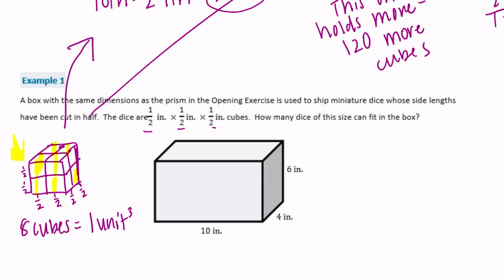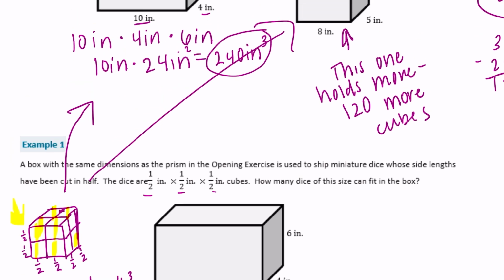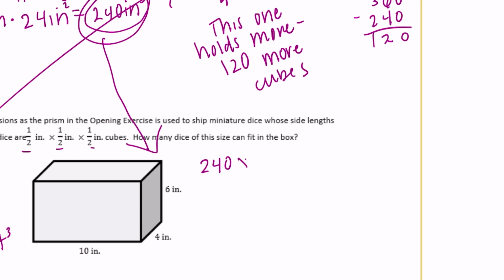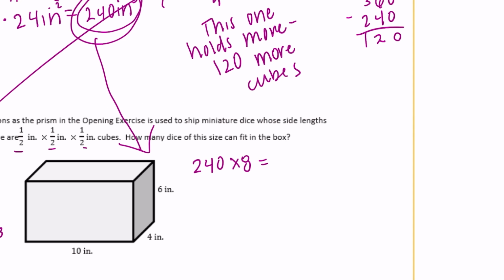So we want to know how many dice of this size can fit in the box. Well, if it's 10 by 4 by 6, before it was 240 inches cubed, and we could fit 240. But now, in one cubic unit, we can fit 8. So we can multiply by 8 and see how many cubes would actually fit in there.